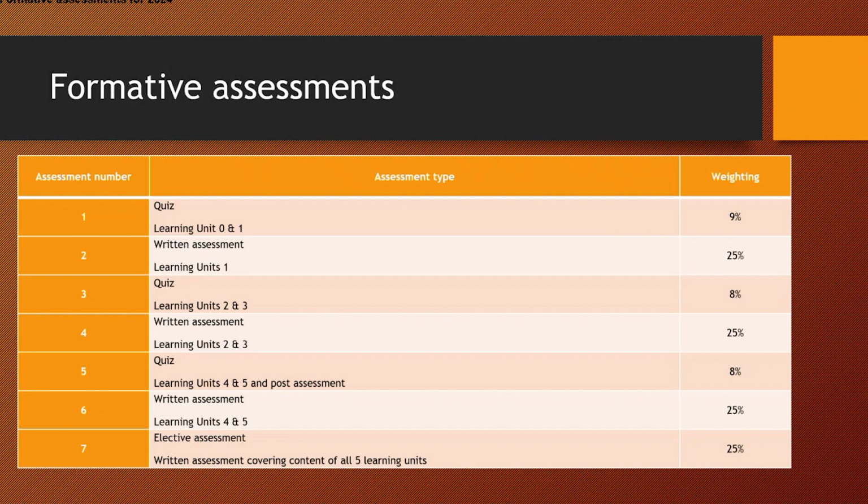Meaning that should you have written assessment 2, assessment 4, and assessment 6 but missed one of them, the 7th assessment will form part of your 6th assessment that you'll be adding as an elective.